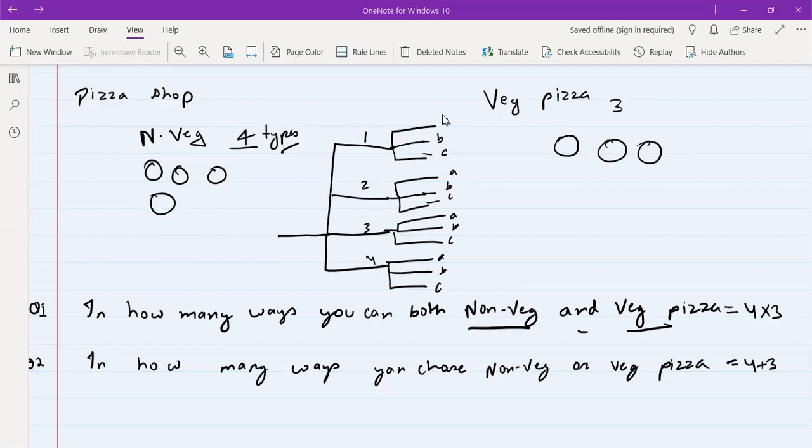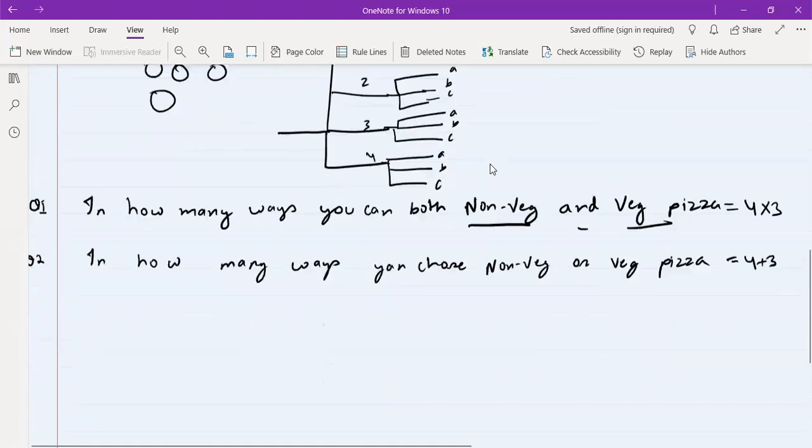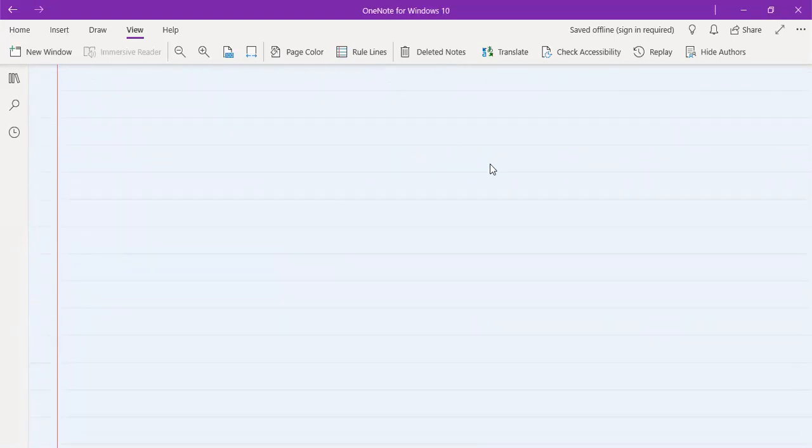Got it, Prahlad? Let's see one more example. Suppose you go to a clothes shop and you see 3 different types of t-shirts and 4 different types of jeans.